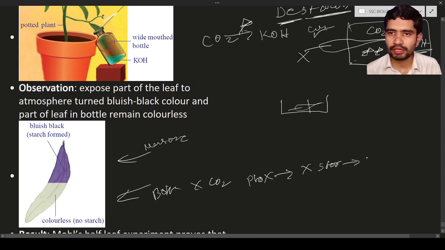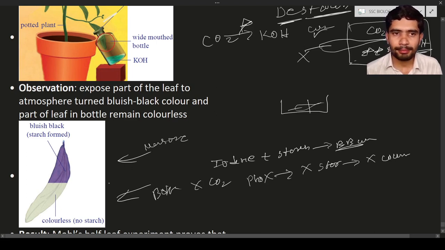No starch means no color. Iodine reacts with starch to produce a bluish black color. But here the starch is not present, so no bluish black color.